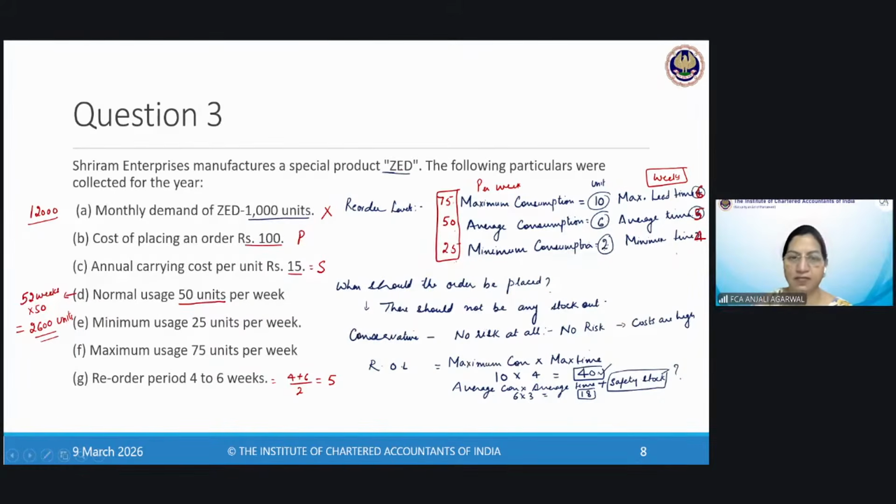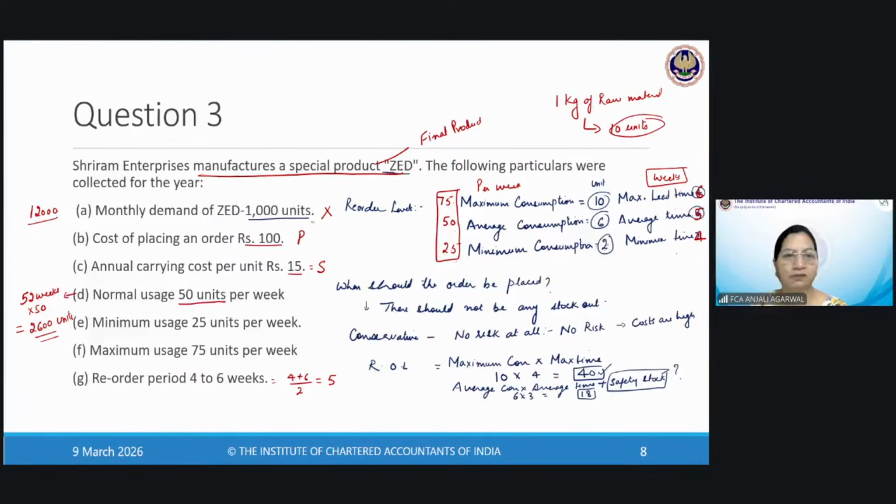Why the difference? Why the confusion? Because here we are manufacturing a product Z. So this is the final product. If you have 1 kg of raw material, and from 1 kg of raw material you can produce 10 units, right?